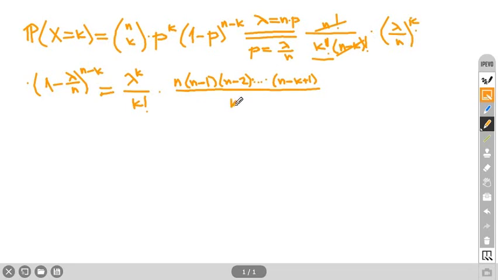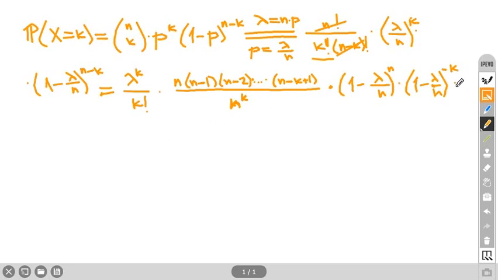Times 1 minus lambda over n to the n, times 1 minus lambda over n to the minus k.